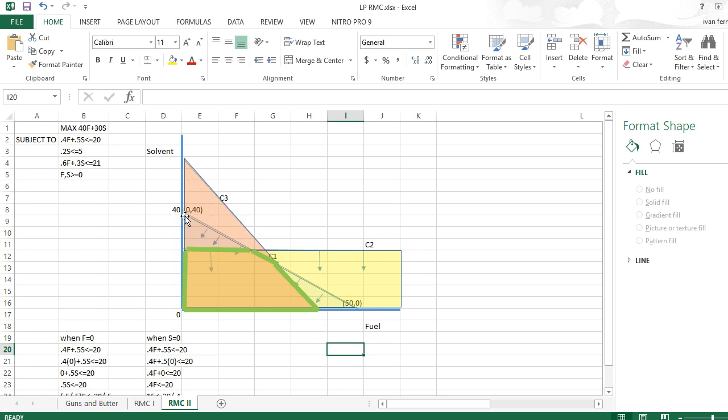This area right here, this triangle, actually satisfies two constraints, C3 and C1, because it's below both of them. Kind of the same thing happens with this little triangle over here. This also satisfies two constraints. That will be C2 and C1. Notice that tiny triangle, I'm going to zoom in.